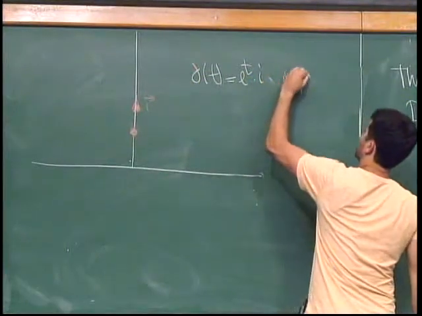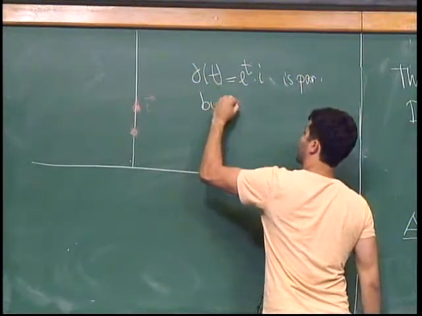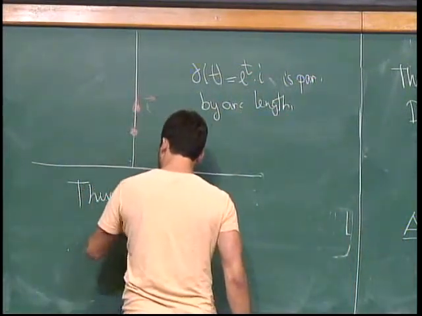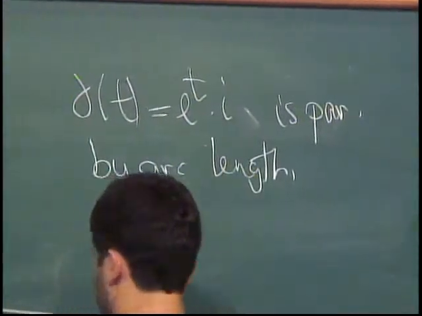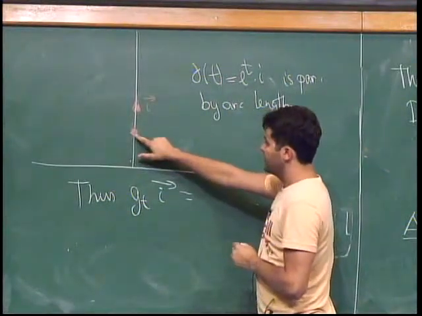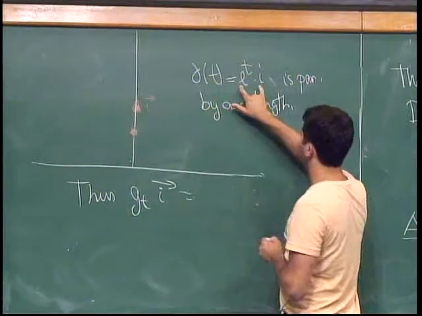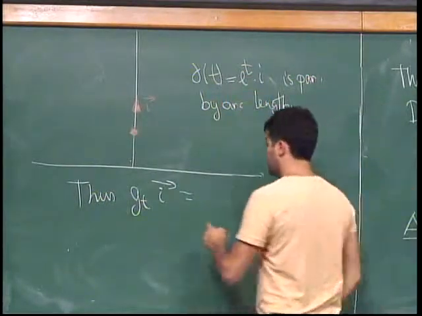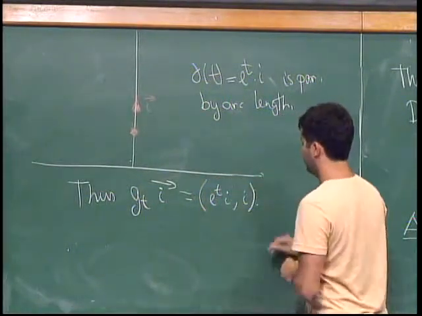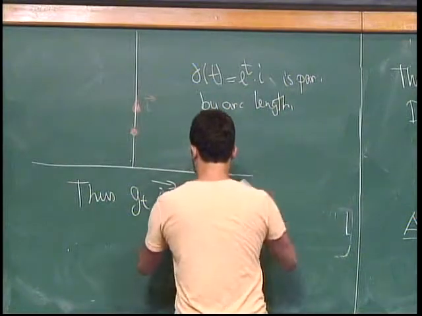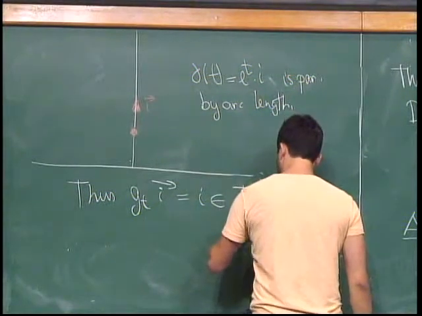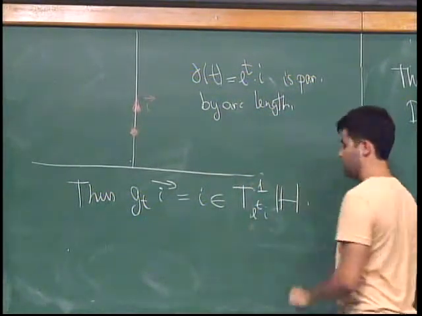So, what does the geodesic flow do to a vector here? It is parameterized by arc length. Thus, G_t of I is again a vertical vector, but instead of having base point at I, it has base point e^t I. Or even better, I'm going to define it as I belonging to the unit tangent space of e^t I. Okay?